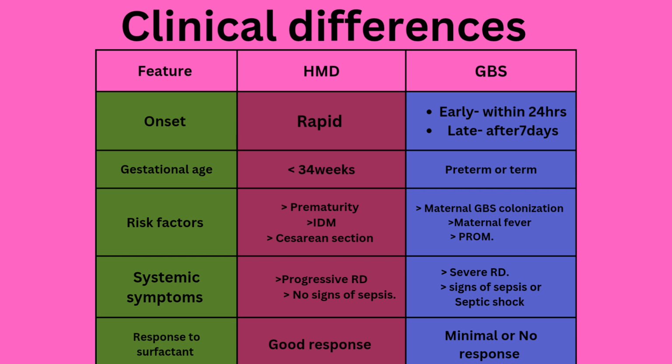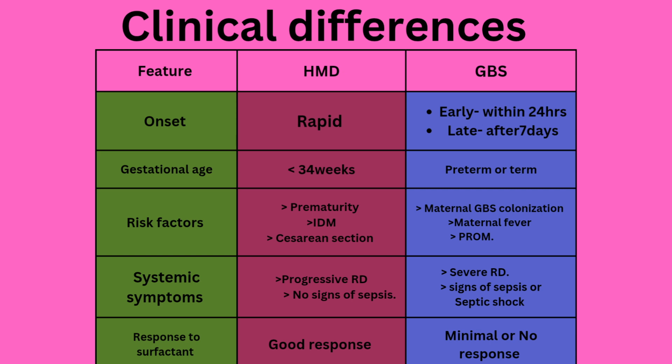So any baby who's born less than 34 weeks of gestational age, especially if there's also history that this baby is not steroid matured, will be more at risk of having HMD. GBS, on the other hand, is a disease of both preterm and term babies, so it can occur in both.